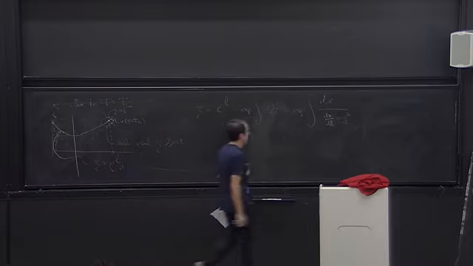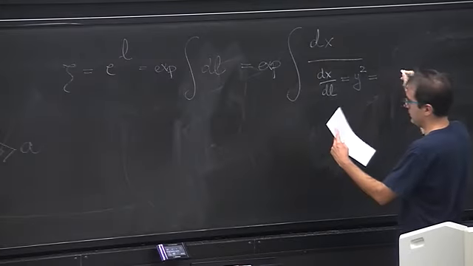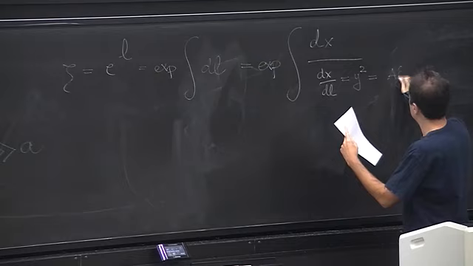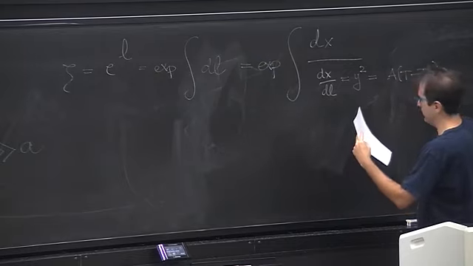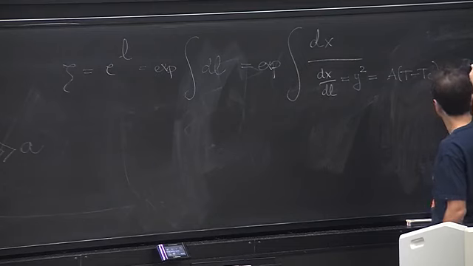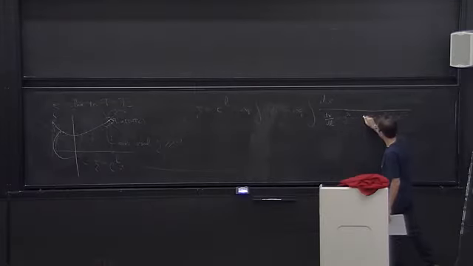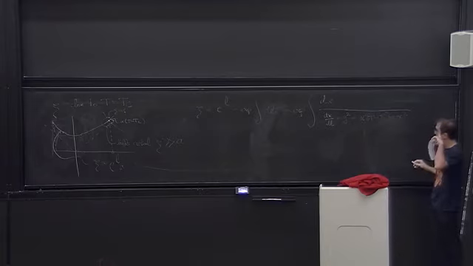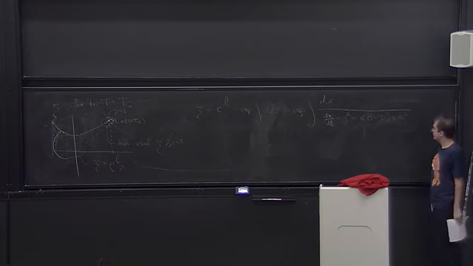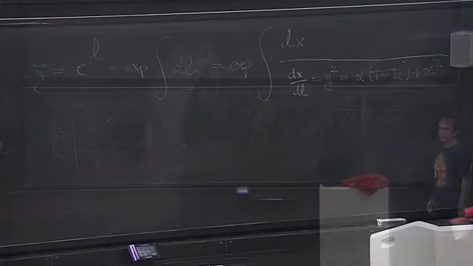And y squared is a times t minus tc plus x squared. Or maybe alpha, the way I'm using it. Okay? You agree?